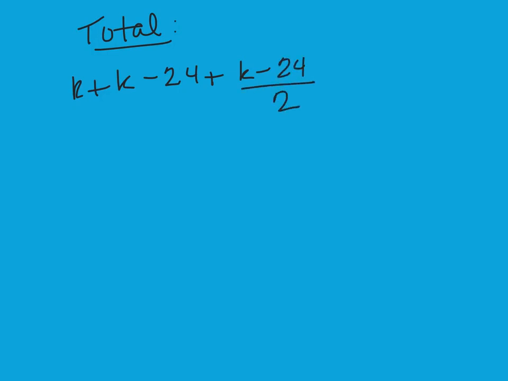And now every time I see a k, I'm going to put in a 75 because that's what I figured out that k is equal to. So I've got 75 plus 75 minus 24 plus 75 minus 24 divided by 2.